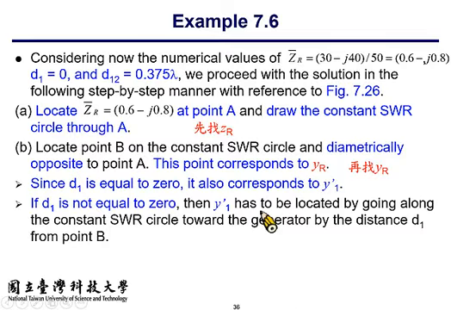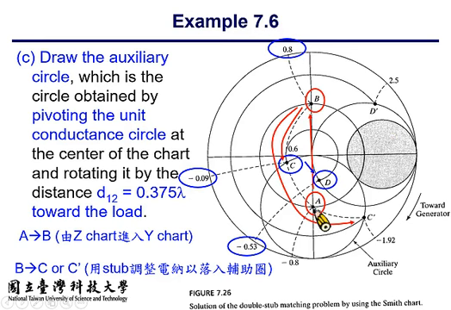If D1 is not equal to 0, then the point will rotate a little bit. But in this case, because D1 is 0, you can simply find the opposite of point A. Here is point A, located at 0.6 minus j0.8. The opposite of point A, which is point B, is located on the constant SWR circle as shown here, and its value is 0.6 plus j0.8.